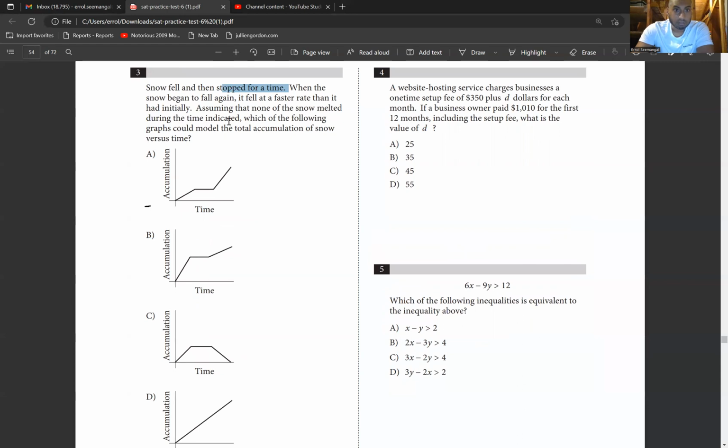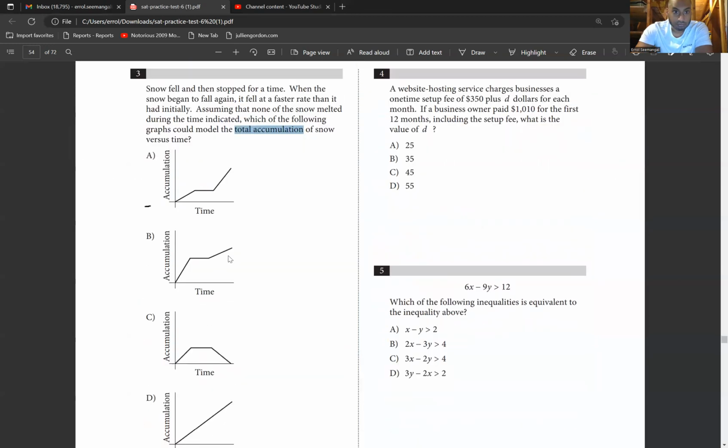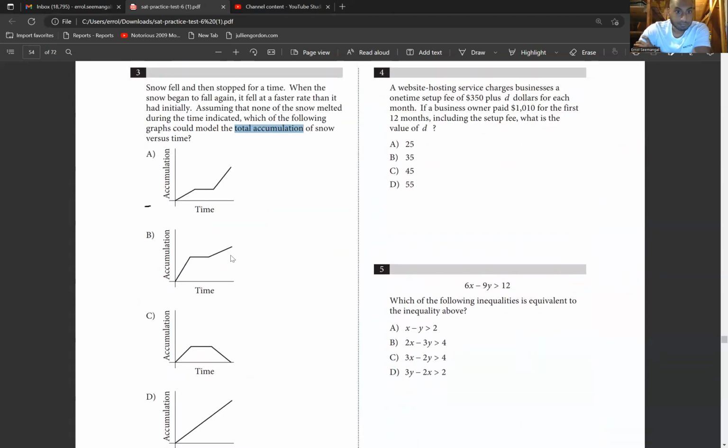Which of the following graphs could model the total accumulation? What are the choices here? Oh, there's no choices. Okay, should it be A? Yes, because it fell faster the second time around.